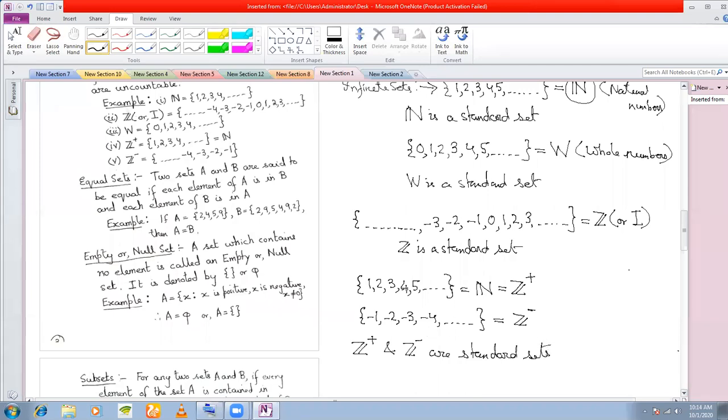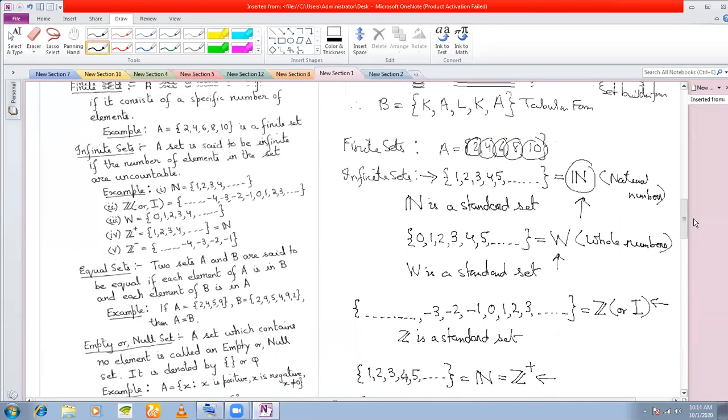Okay, all these are infinite sets. Z plus, the set of natural numbers, Z minus, the set of negative integers. The set of whole numbers, the set of integers, all these are infinite sets. And remember, these are standard sets also. Okay.